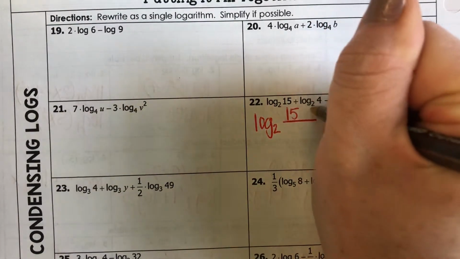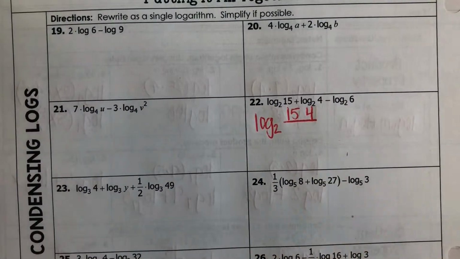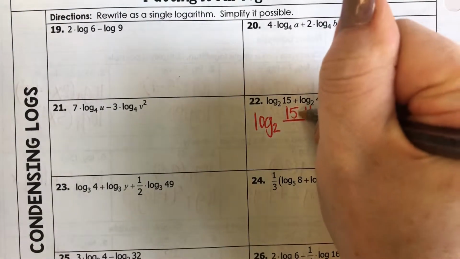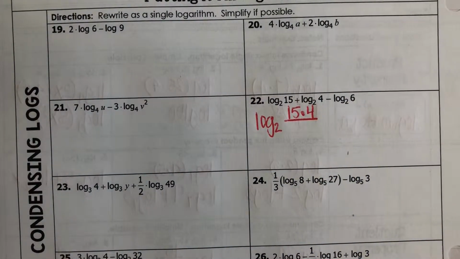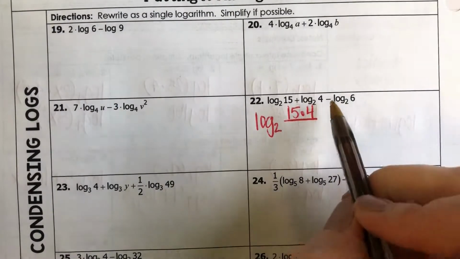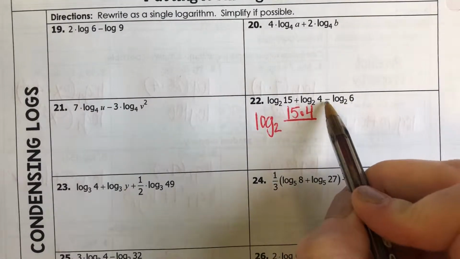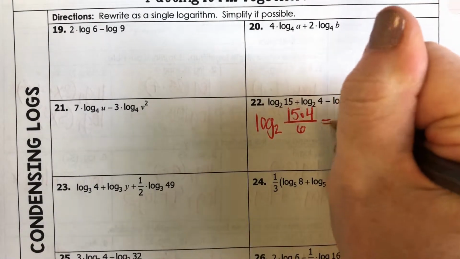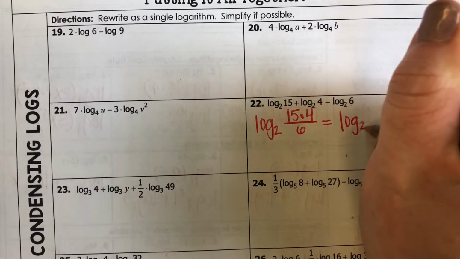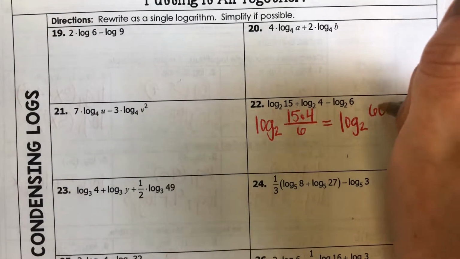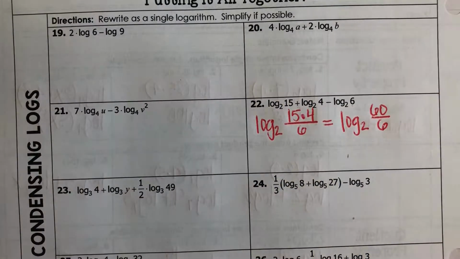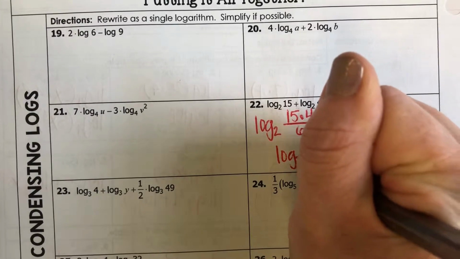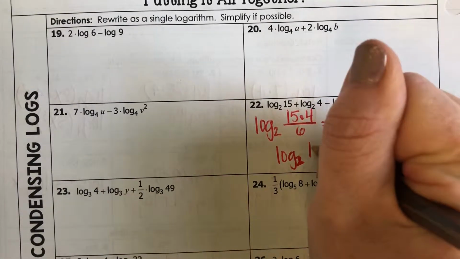So the 15 and the 4 are going to go in the numerator. And because there is addition, that means I'm going to multiply those 2 together, okay? And then this 6 right here follows a negative log, so it is going to go in the denominator. So I have log base 2 of 60 over 6. So this finally reduces to log base 2 of 10.